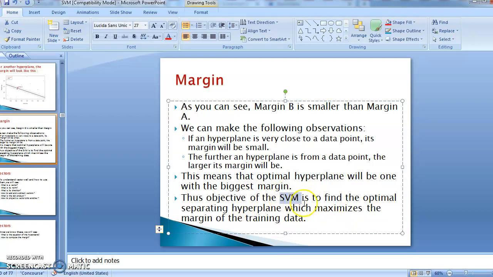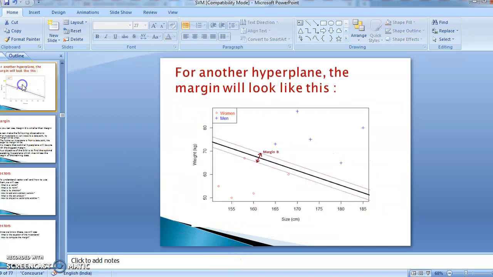How do we find the optimal hyperplane so that the margin will be maximized? In my next slide I will explain the computation of the optimal margin and hyperplane. For that we will need some basic concepts about vectors.